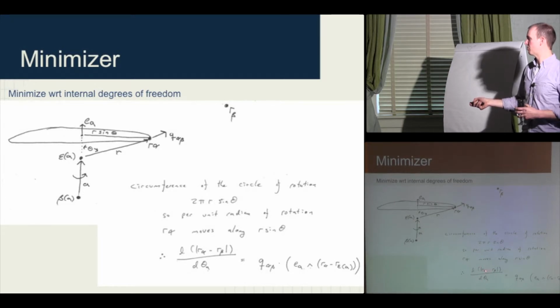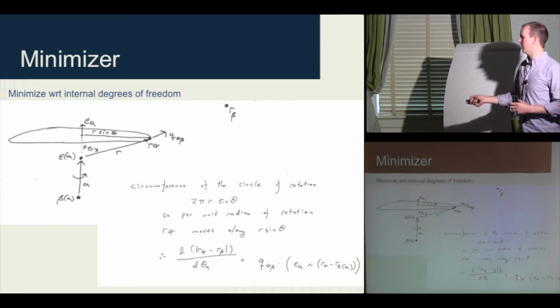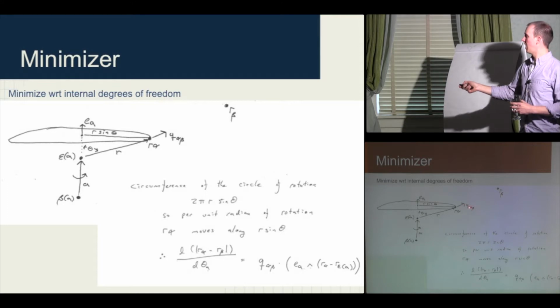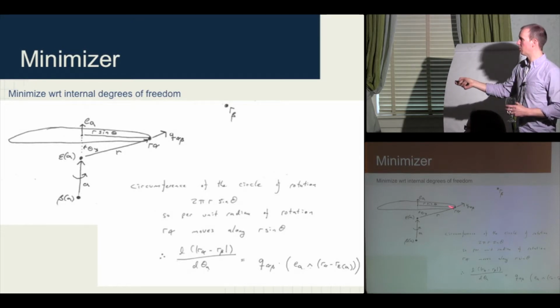this is the vector that points between them, and the magnitude of this vector, the distance between alpha and beta, based on the amount of rotation about the axis A, is given by the dot product of q alpha beta times the cross product of e A and r alpha minus e A. If you took this cross product, it would be orthogonal, sort of into the plane of the board here, right?